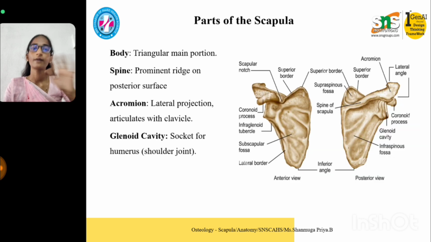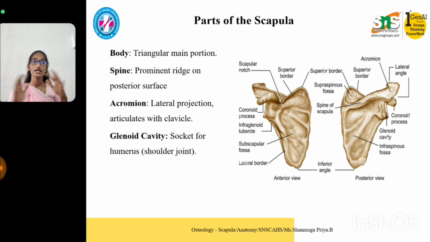So, the parts of scapula. Scapula has several key parts, and I want you to visualize them as we go. First, the body, its main triangular portion, like the canvas of the shoulder blade. Then on the posterior side you have the spine, a prominent ridge. You can see in this image, and you can feel it if you touch your back.